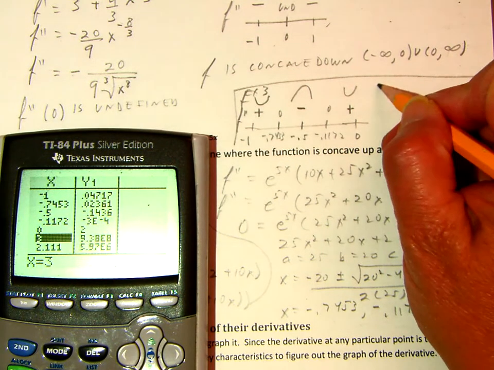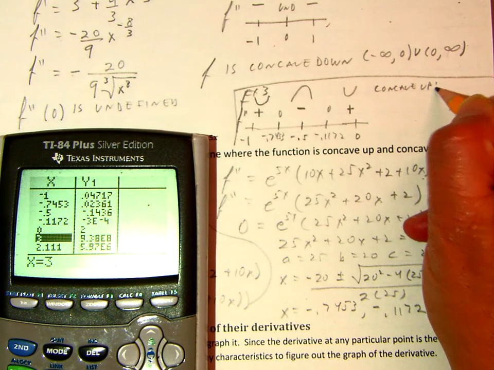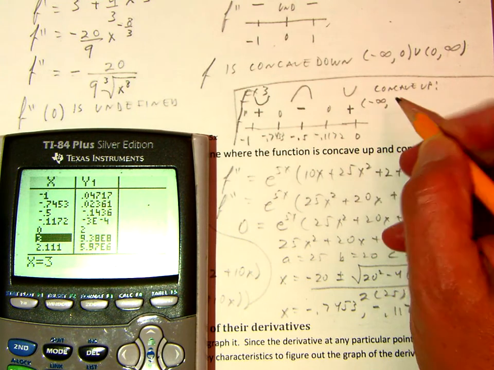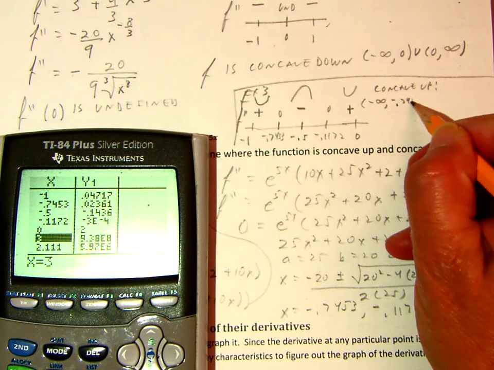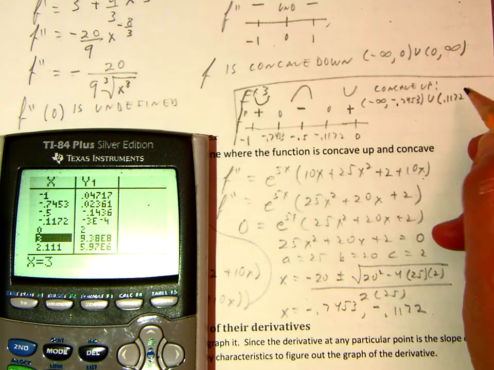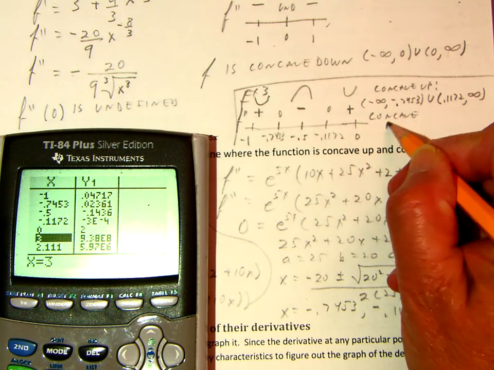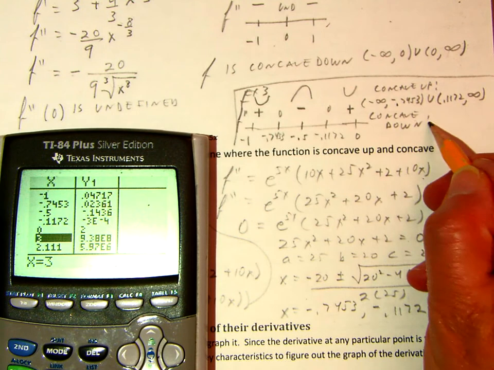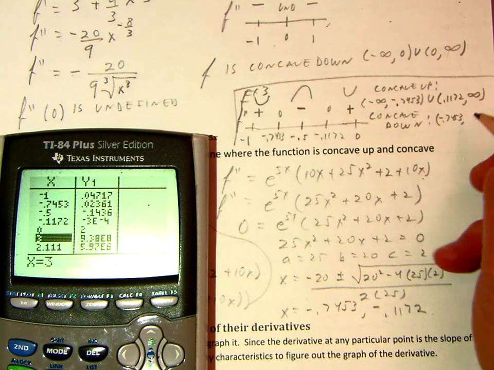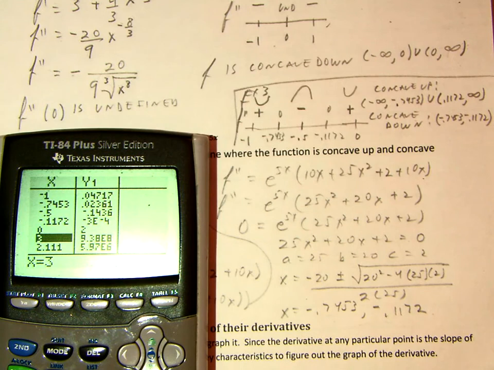So I could write concave up from negative infinity to negative 0.7453, union negative 0.1172 to infinity, and concave down on the interval from negative 0.7453 to negative 0.1172. And we've just found our intervals of concavity.